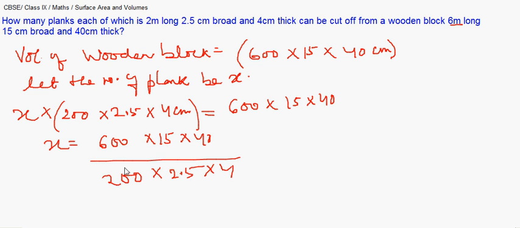Let's check how I get this. 600 by 200 is 3, and 40 by 4 is 10, so it is actually 15 into 3 into 10, which gives 450. That divided by 2.5 is giving me 180. So 180 such planks can be cut from the given wooden block. Hope you followed all these questions. Thank you.